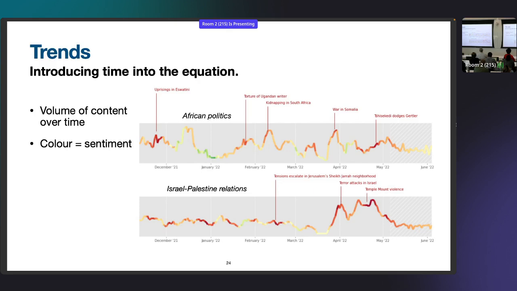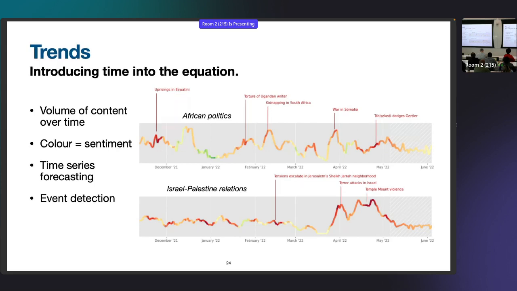Green means positive signals, and red means negative signals. We can also apply time series forecasting, and in this case, from just after May 2022 to June 2022, we can forecast the volume and the sentiment of the next signals that we find in our corpus.